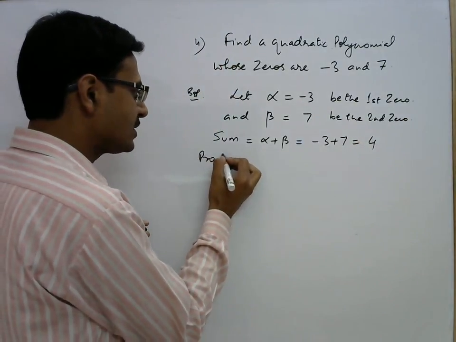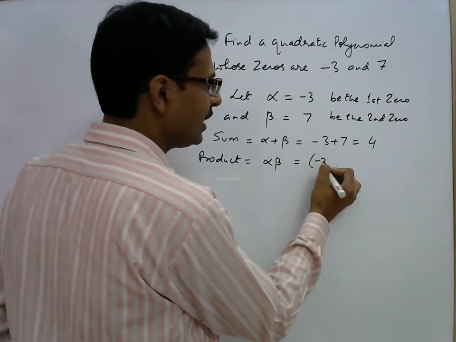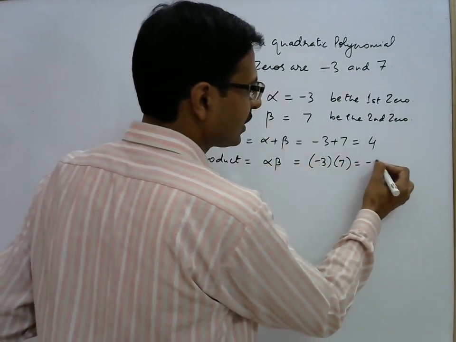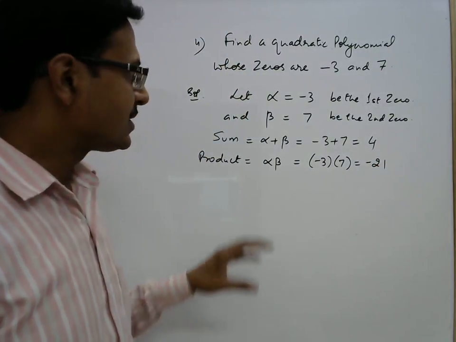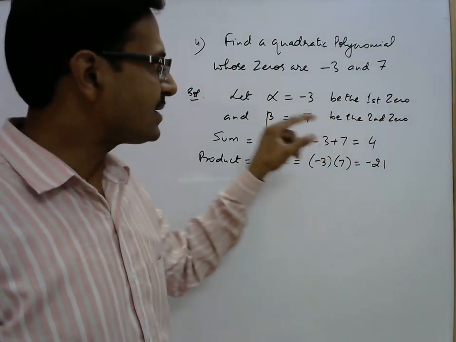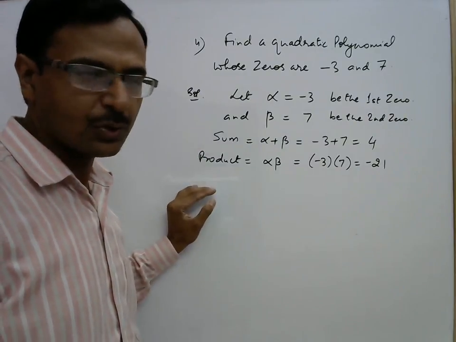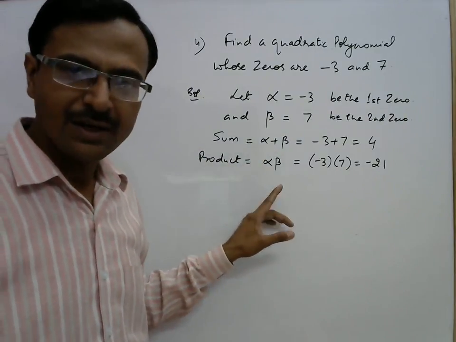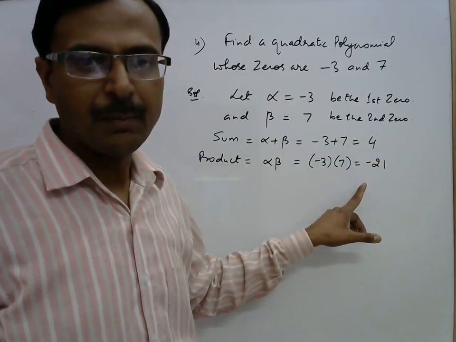And product of zeros, alpha into beta, that is -3 into 7, that is -21. So students, see, whenever zeros are given, assume the two zeros as alpha and beta, and then find the sum and product of those two zeros, alpha plus beta and alpha beta, by adding and by multiplying them.